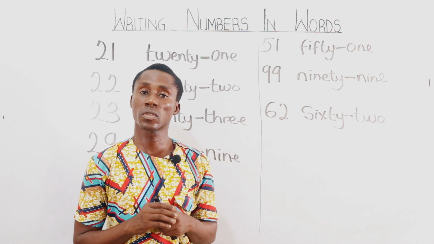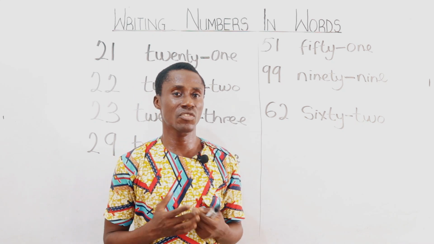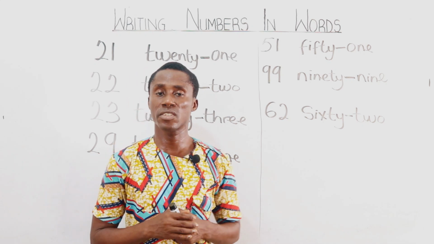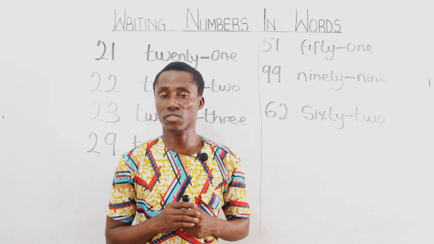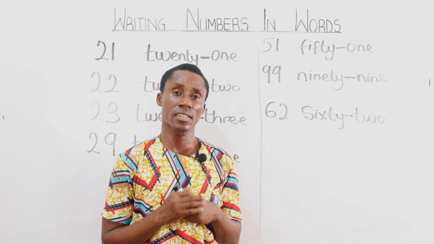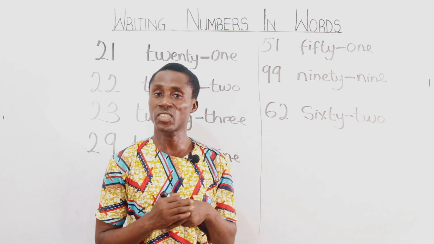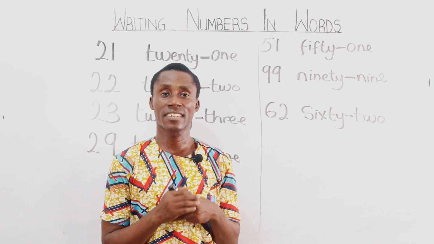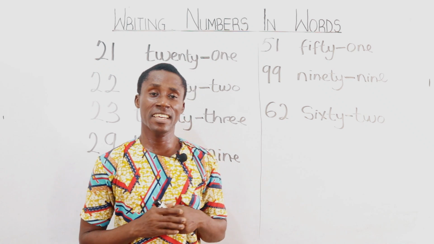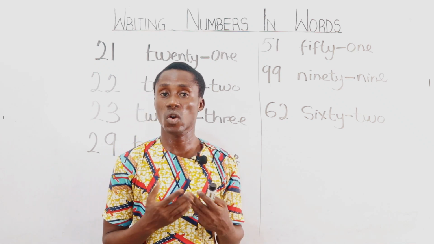Over here too, there is a group of numbers called hundreds, and the hundreds are 100, 200, 300, 400, 500, 600, 700, 800, and 900. Let's see how to write the hundreds using words.